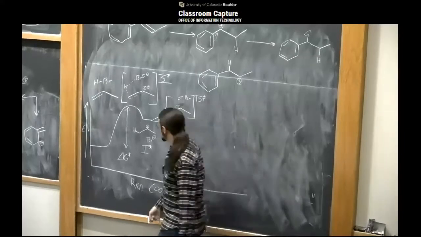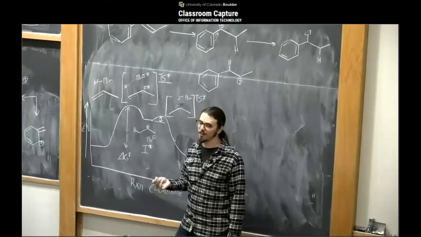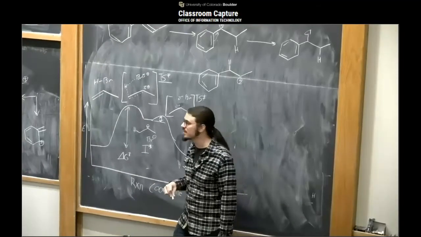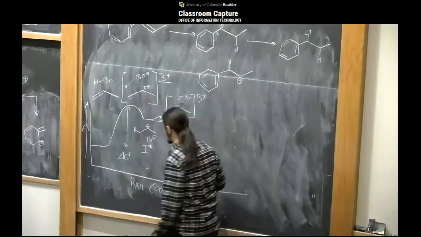So basically, because we have a very large barrier to generate the carbocation intermediate, because carbocations are pretty unstable species, this first step in the reaction is going to be what's known as the rate determining step.